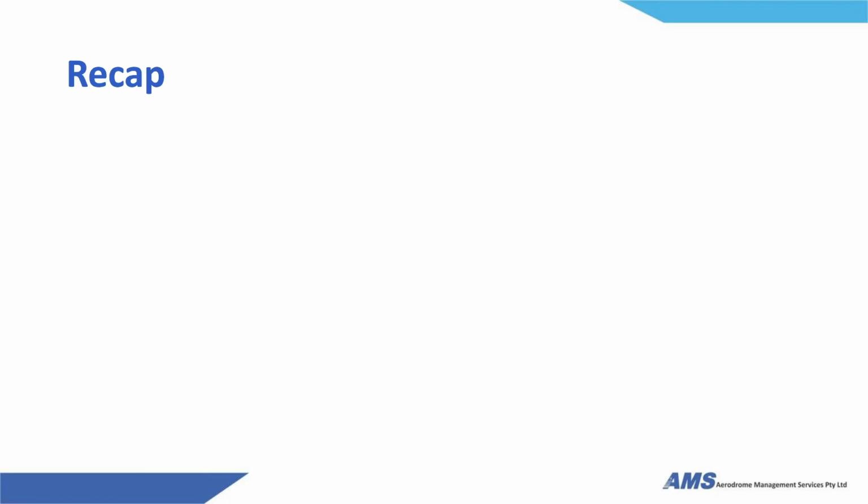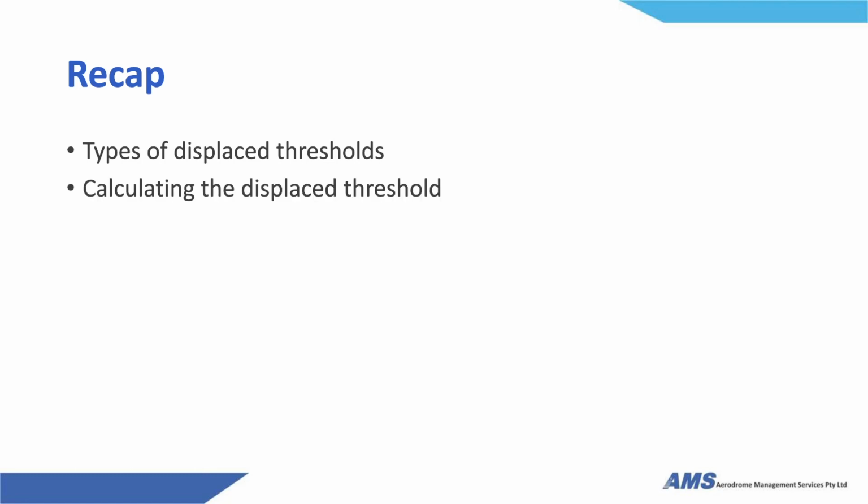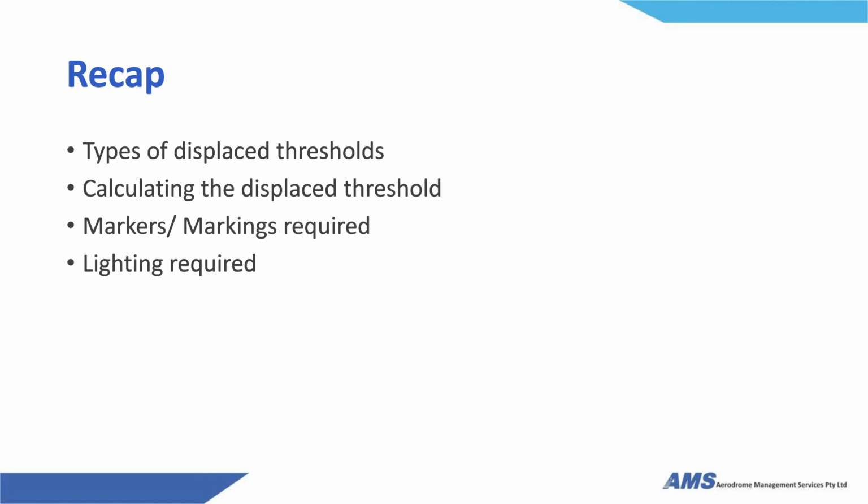So just to recap, the types of displaced thresholds. We could have permanent or temporary. Calculating the displaced threshold based on the height, the slope factor, and the distance, the markers and markings required to carry out a displaced threshold. Lighting or temporary lighting required to identify a new displaced threshold.